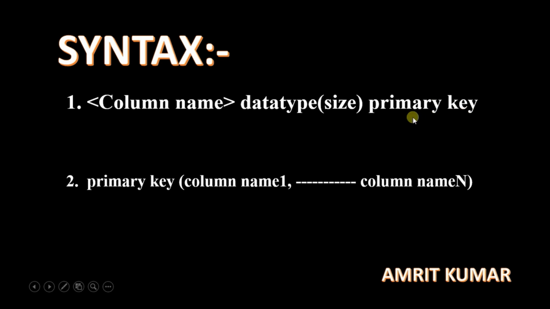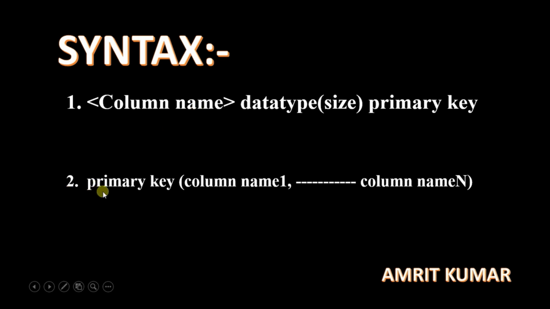I have specified the primary key here, using the reserved keyword. So this column will now have a primary key on it. This is how we can apply primary key on the columns, and the columns should be in the table.